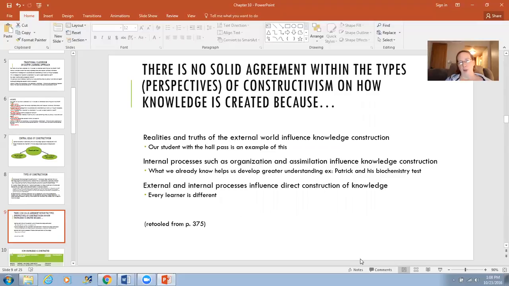reason why there's no solid agreement is that external and internal processes influence direct construction of knowledge. So in essence, every learner is different. So who we are, what we have experienced, what we have learned influences what we will learn, right?